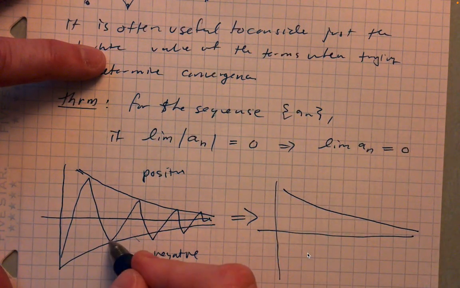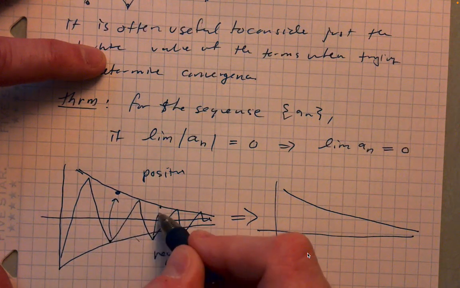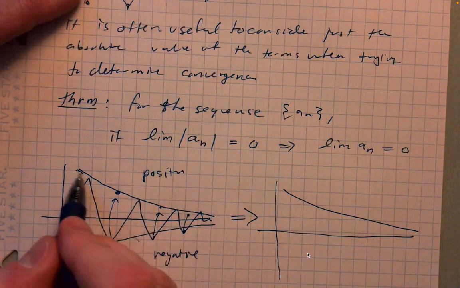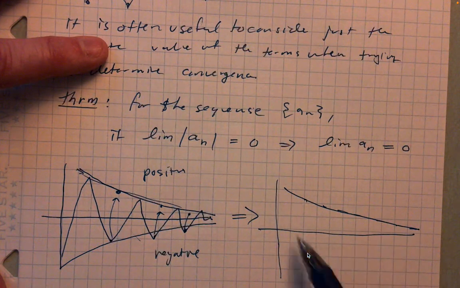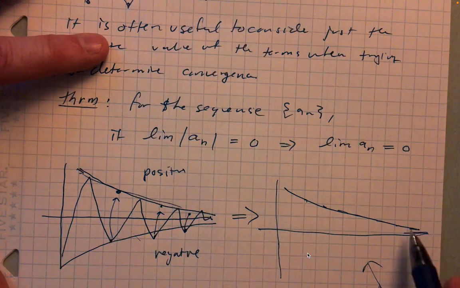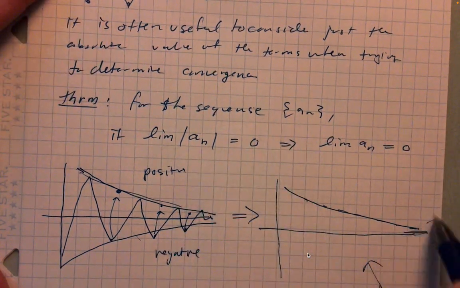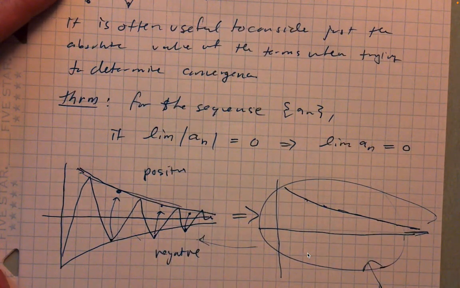This guy flips up to here, this guy flips up to here, this guy flips up to there. You're just going to have the top values. In a lot of cases, it may be easier to look at this sequence and say it converges to 0. What this theorem is telling us is that if this converges to 0, then this one does as well.